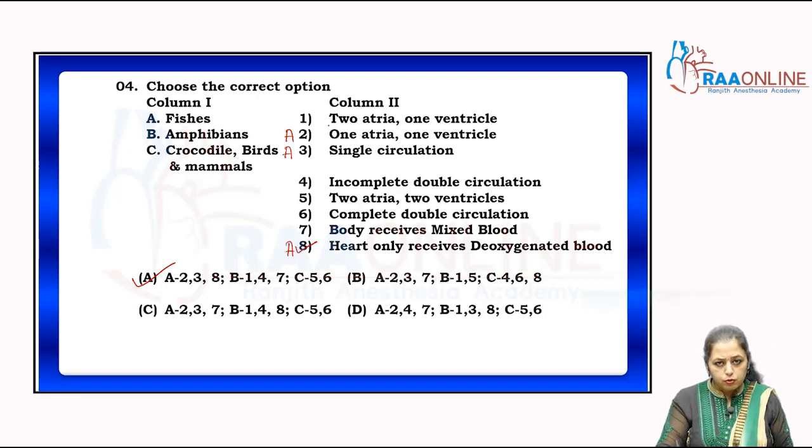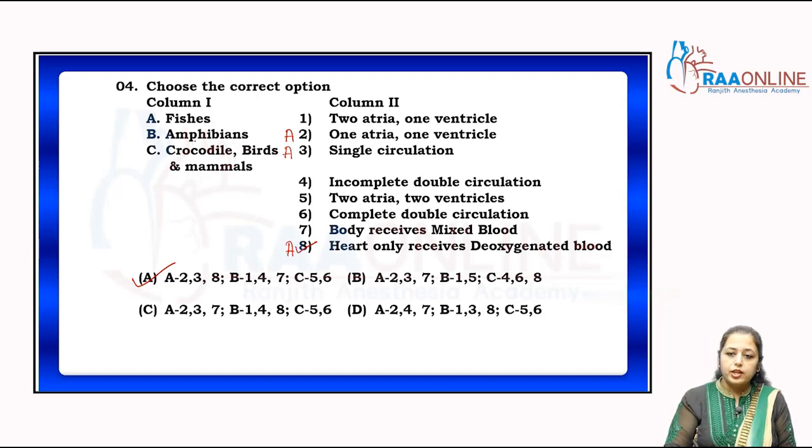So we have to match all the options. That is amphibians heart, we know that 3 chambered heart, that is 2 atria 1 ventricle, that is here, right? And amphibians heart shows the incomplete double circuit circulation, exactly, that is right, that is fourth also.